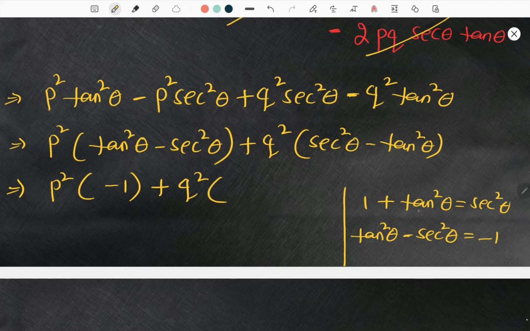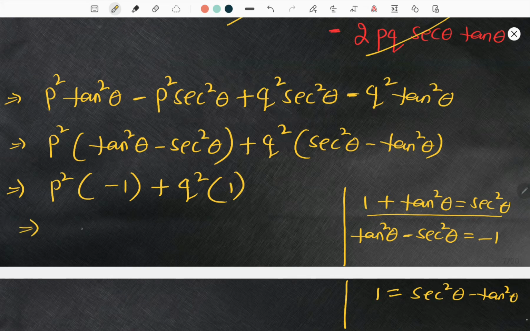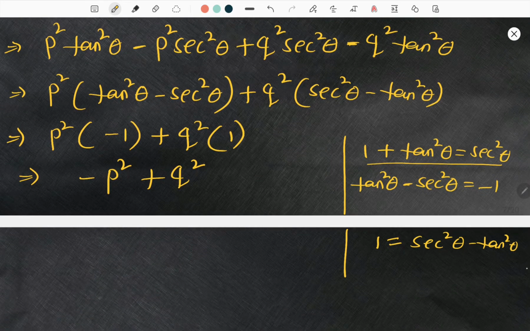Look at this. 1 plus tan square theta is equal to secant square theta. Now from this you can carry forward: 1 is equal to, you take this plus tan square theta that side, it becomes secant square theta minus tan square theta. So secant square theta minus tan square theta means what? 1. Alright, so it becomes minus p square plus q square. Okay, all these pujas will be happening at home, that's why you must be hearing the sound of the bell.